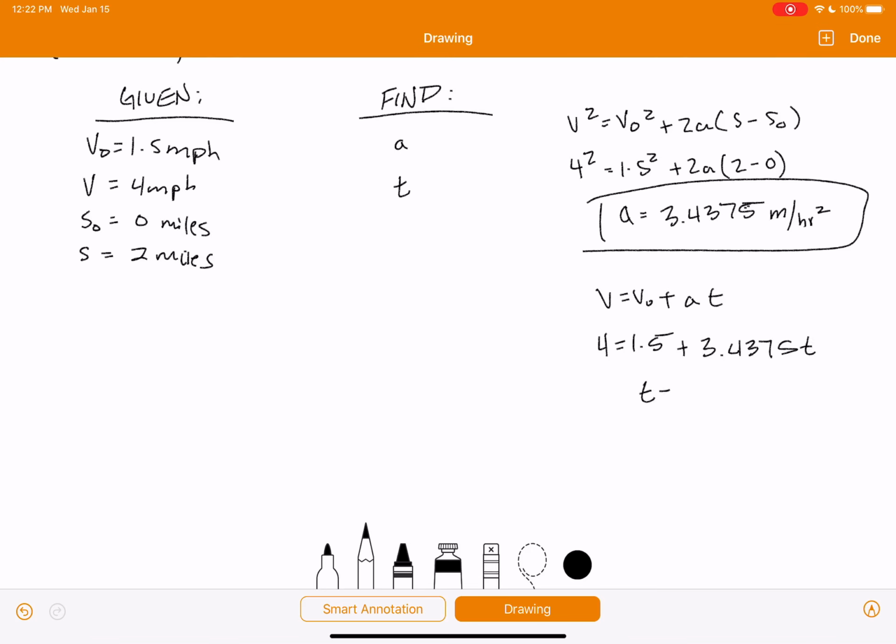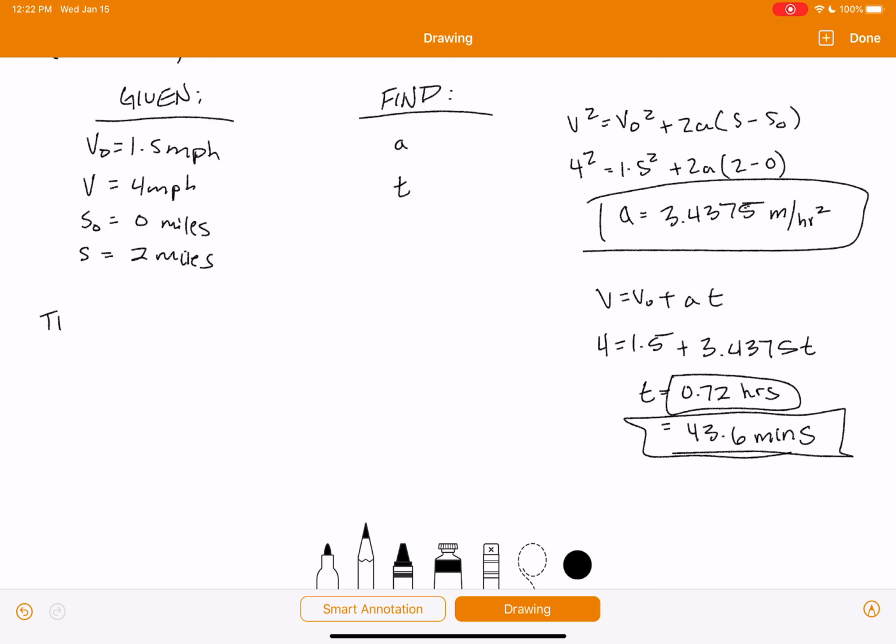And you can solve that for t equals 0.72 hours. And if you do conversions on that, that's the same thing as 43.6 minutes. I converted this to minutes just because 0.72 hours doesn't really mean anything in our mind, but 43 minutes does.